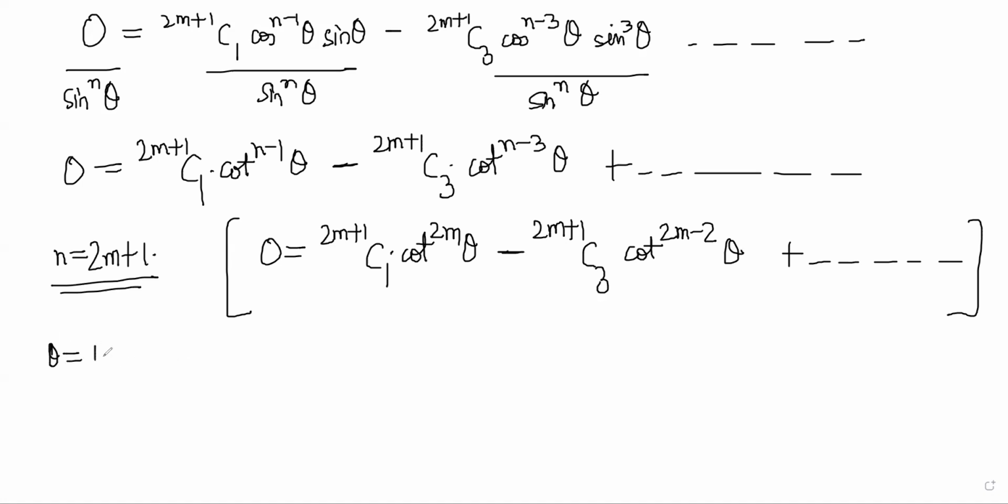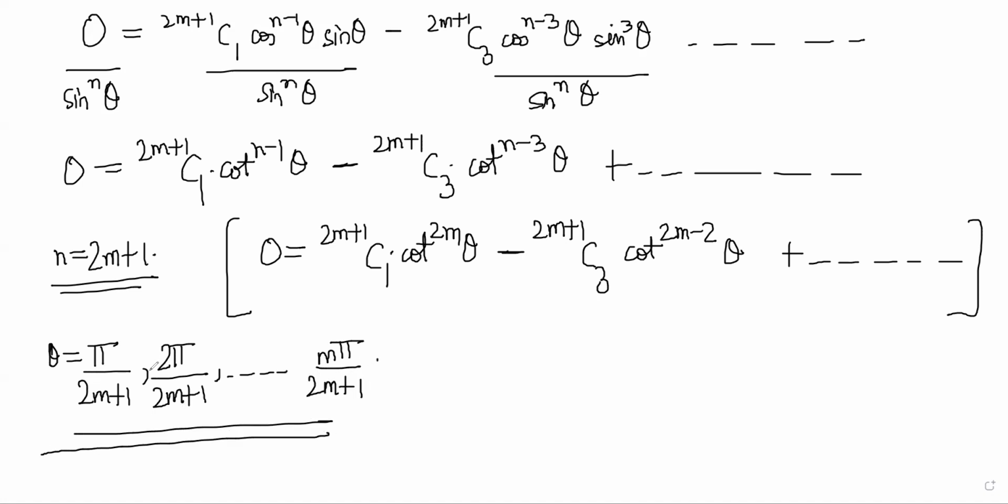For theta is equal to pi by 2m plus 1, 2 pi by 2m plus 1, till m pi by 2m plus 1. We had seen in the previous screen that this was true for all of these different angle thetas, right? So basically, this looks like what? This looks like an m degree polynomial.